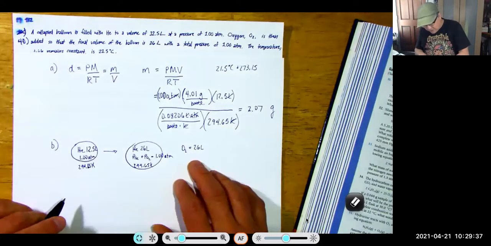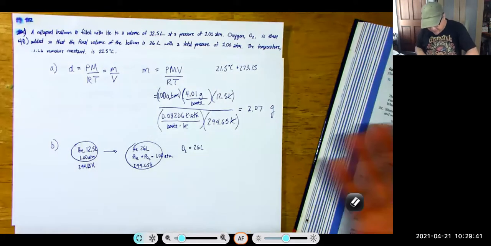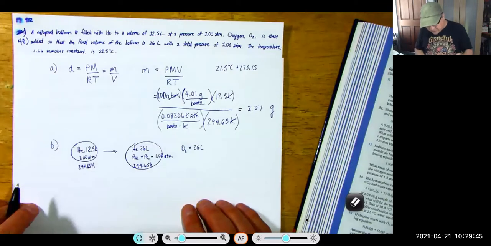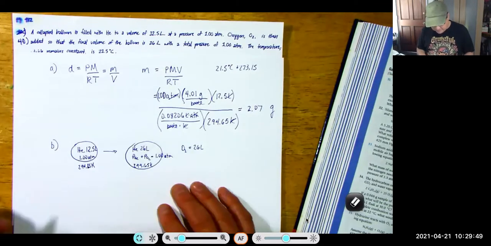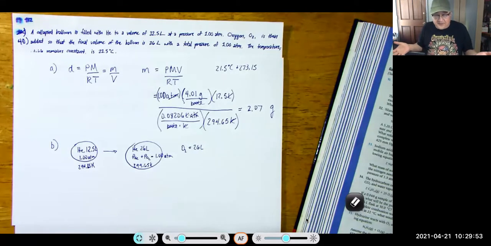What's the pressure of O2? I don't know, but when I add it to helium, it should equal 1. The temperature of the oxygen is 294.65. We don't know how many moles we have.